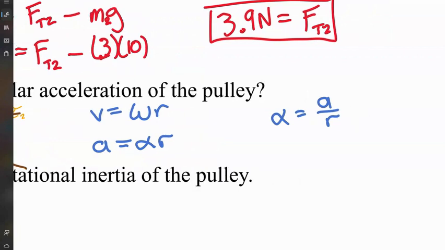And acceleration, which we found in part A of this, the acceleration of our system linearly was 3 meters per second squared. Radius of this wheel is 0.12 meters because it says 12 centimeters.